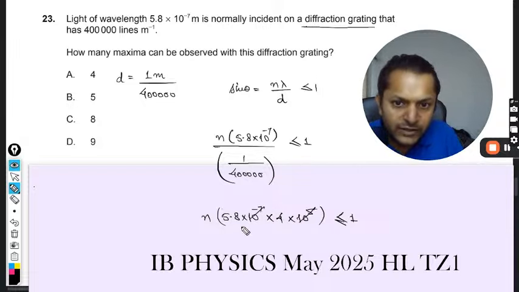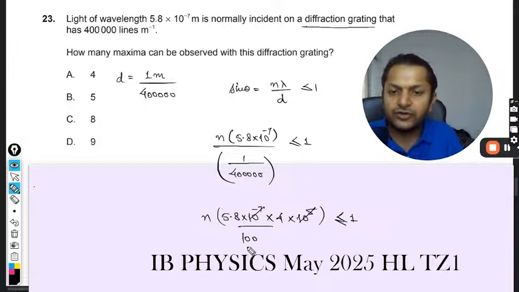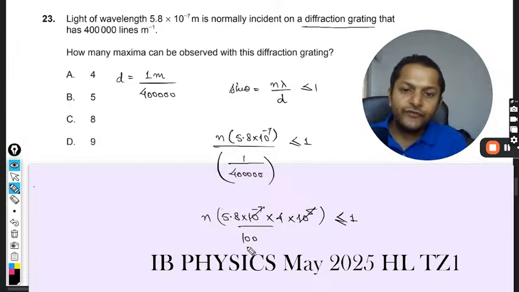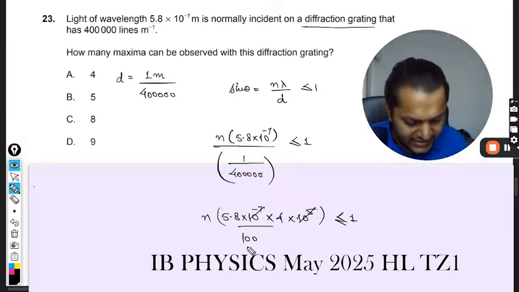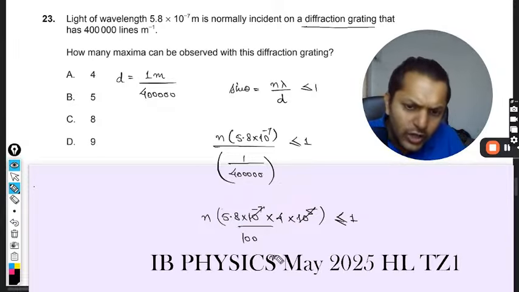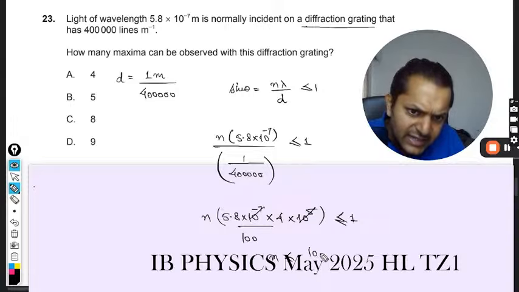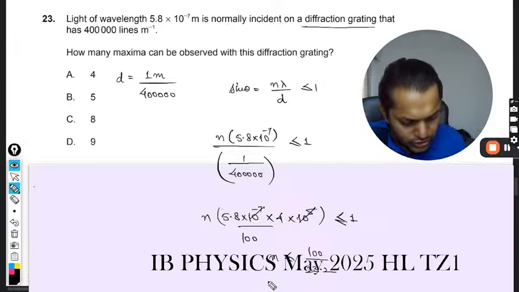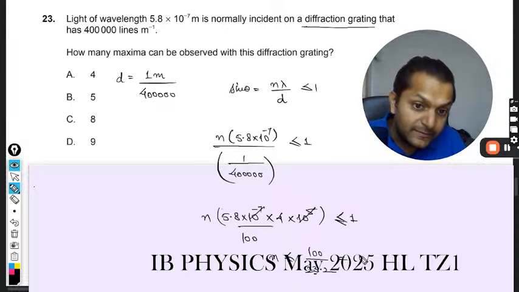So this value gets cancelled out, and you are still having 100 in the denominator. But what is 4 multiplied by 5.8? So 4 multiplied by 5.8 will be 23.2. So n can be written as less than 100 divided by 23.2, which gives you the value of 4.3.